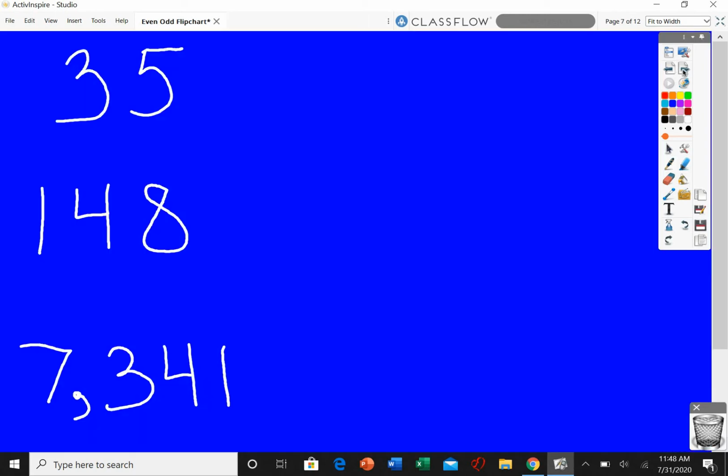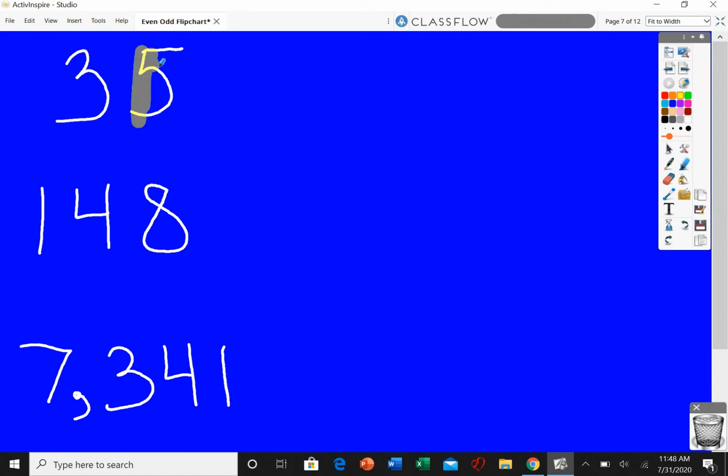All right. Let's practice on these numbers then that I have given you. This is going to be your time to practice and see if you can figure out if these are even or odd all on your own. I am going to remind you before you give it a shot, though, to remember what we just learned. You do not have to worry about the whole number. Where did we have to look to tell if it was even or odd?